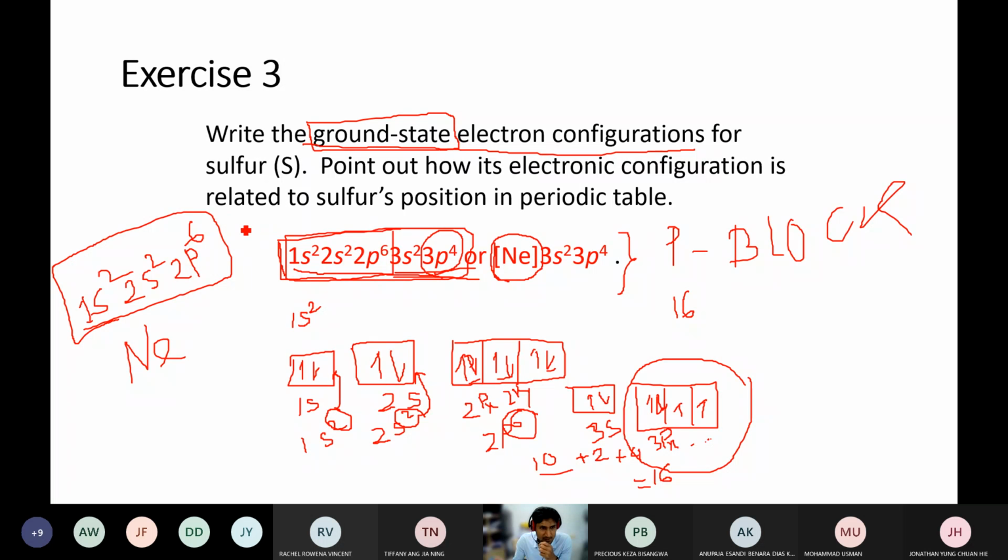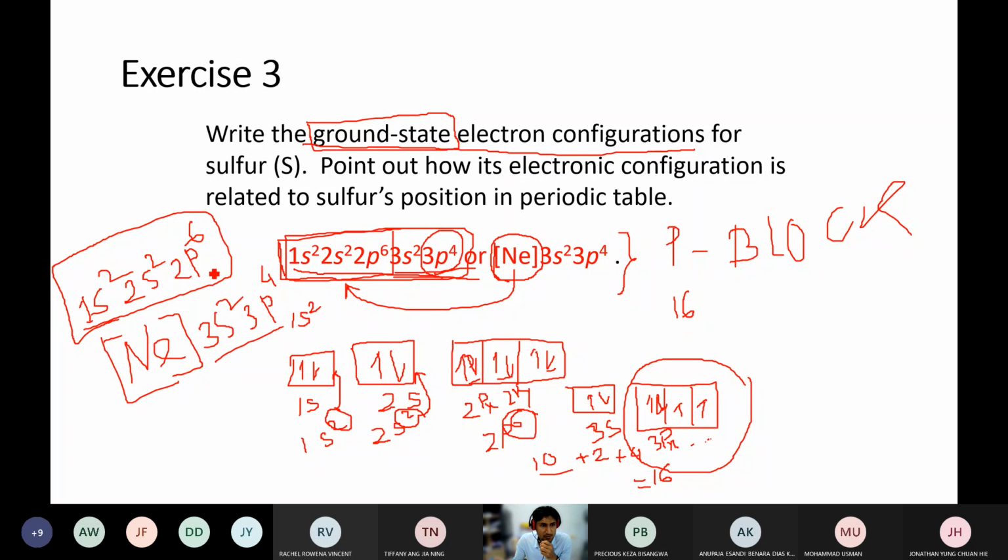And this part, 1s2, 2s2, 2p6, is represented in this way, meaning it has attained a neon structure. On top of that, there are two electrons in 3s and four electrons in 3p.